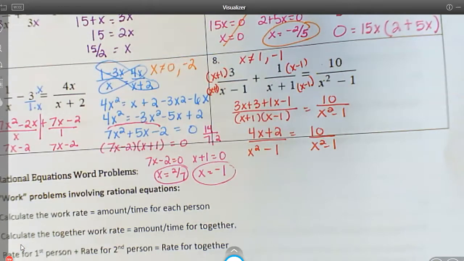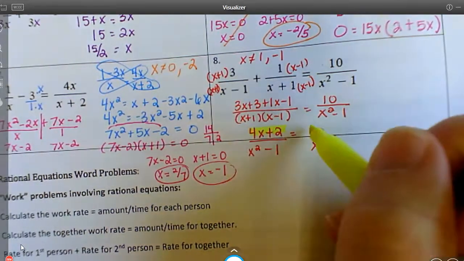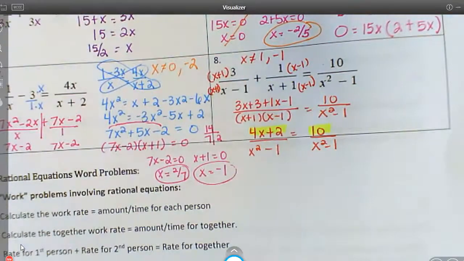Now, I could cross multiply to solve it, and you are welcome to do that. I want to show you real quick, there's one other way. If the bottoms are equal, the only way that these two fractions can be equal is if the top is equal.